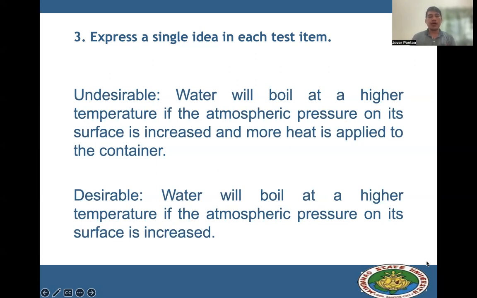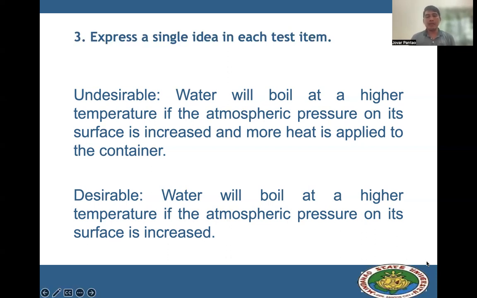So there are actually two ideas: when you are going to apply more heat, and when you are going to look at the atmospheric pressure by checking on its temperature.